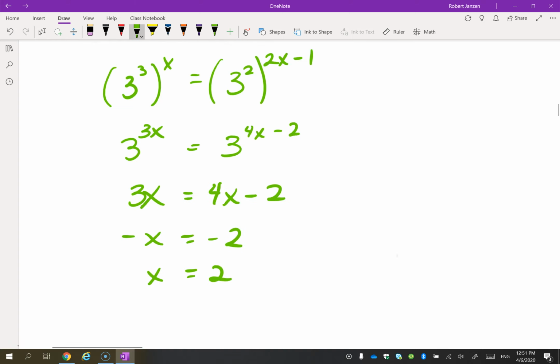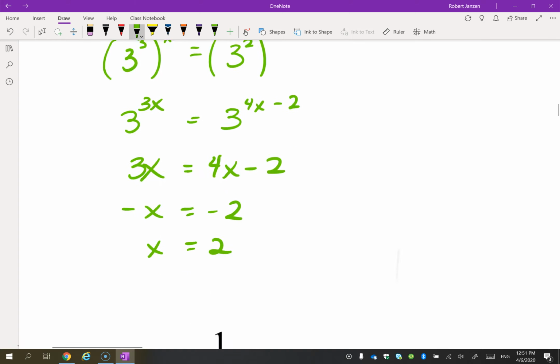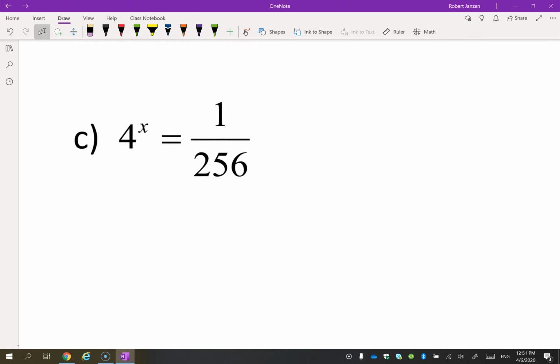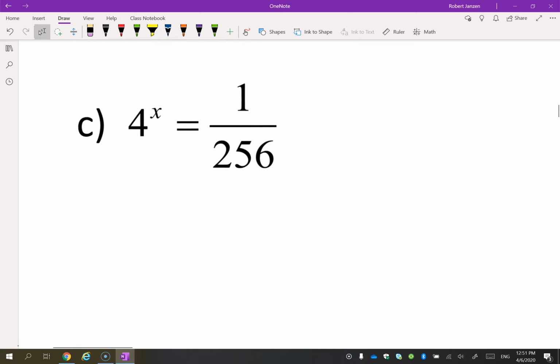Okay? Now, those are your very basic questions. Now you get ones like this. There's a little twist to them all the time. Okay? You probably recognize that 4 and 256 are both powers of 4. Okay? But this is in the denominator. So let's do one step there first.